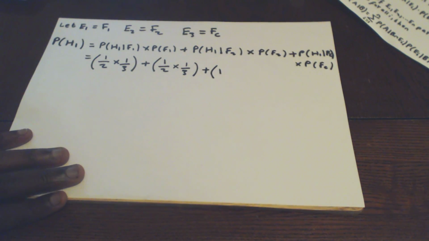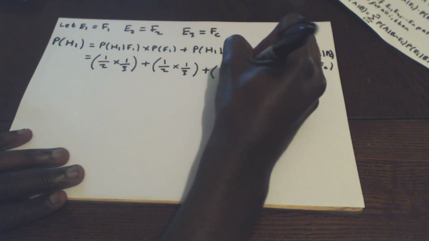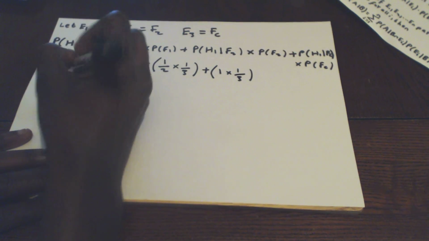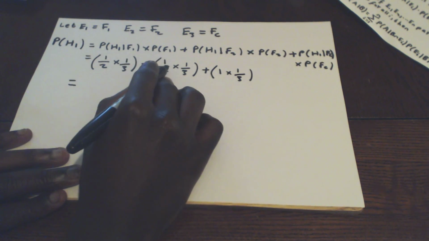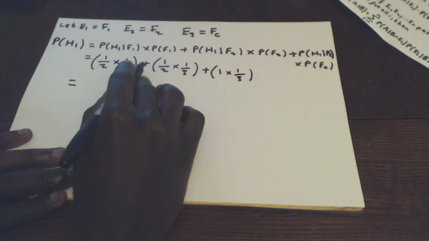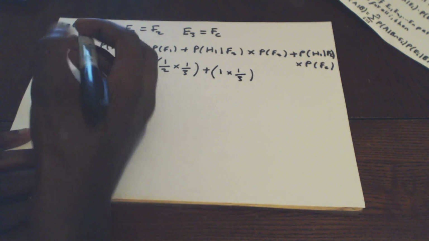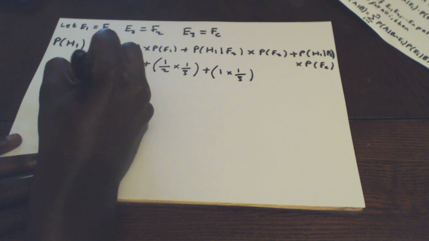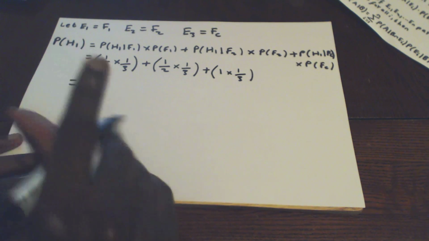Times the probability that you actually get the biased coin in the first place, which is 1 out of 3, just like all of these. So you simplify this: 1 out of 6 plus 1 out of 6, that's 2 out of 6, which is 1/3, plus a third, so that is going to be 2/3, right?